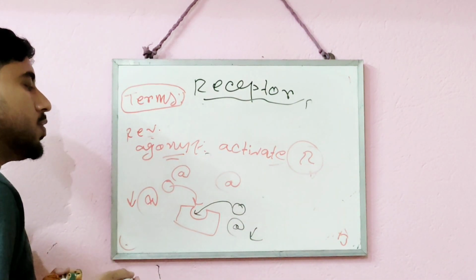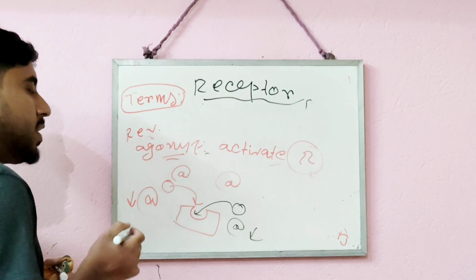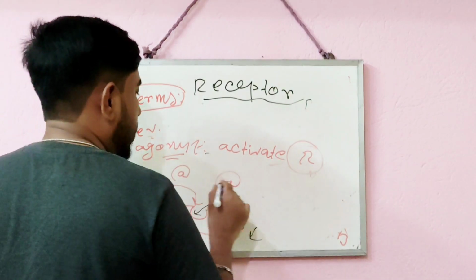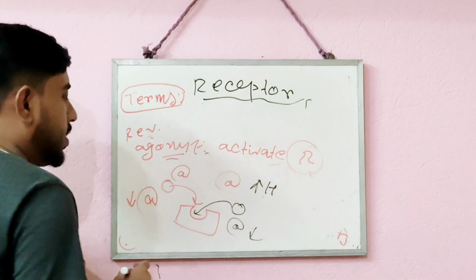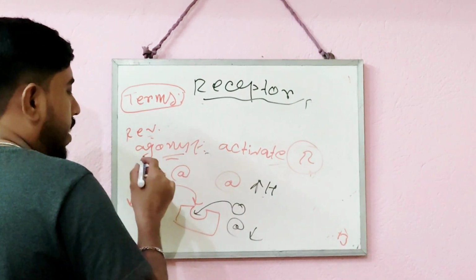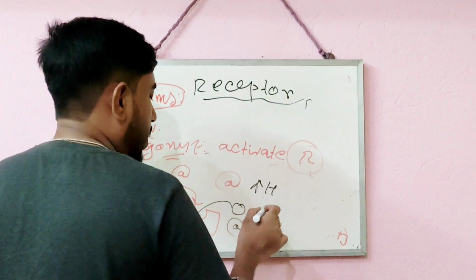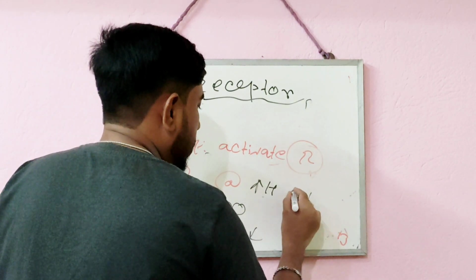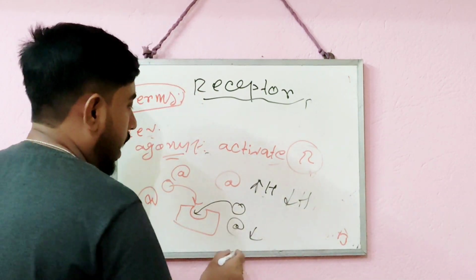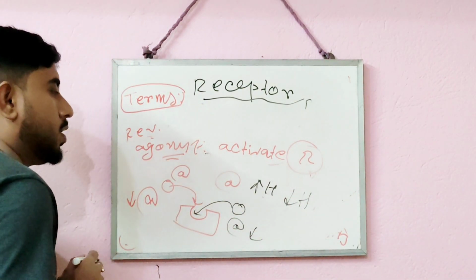Just as an example, for one drug you are taking, if it is increasing the histamine level in our body, that means it is acting as an agonist. And if the drug you are taking from outside is decreasing the release of histamine, then it is a reverse agonist.